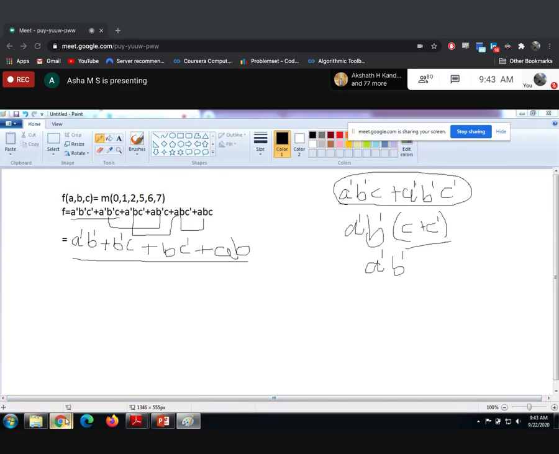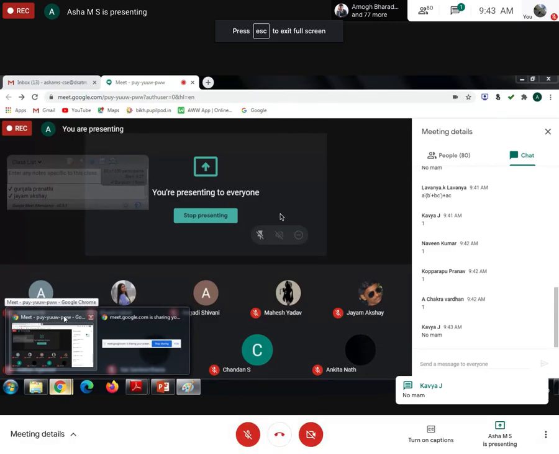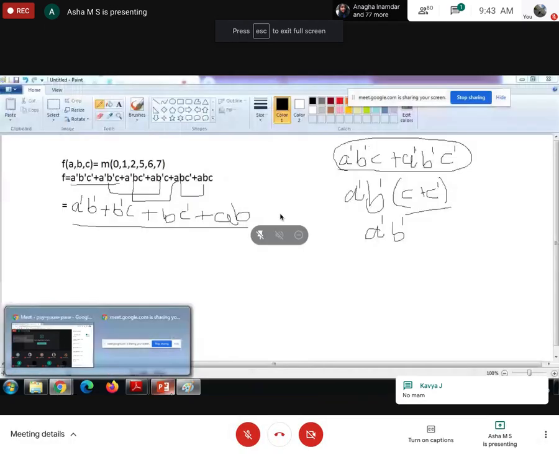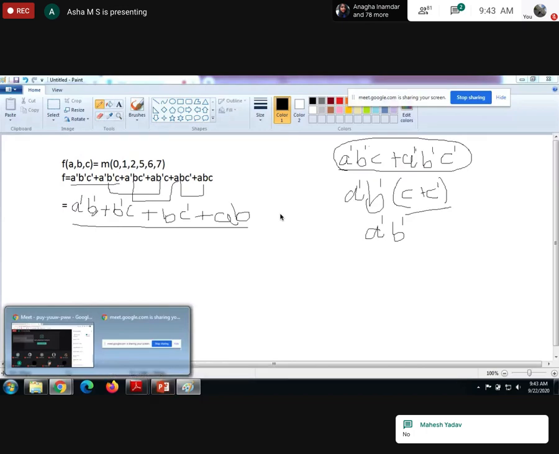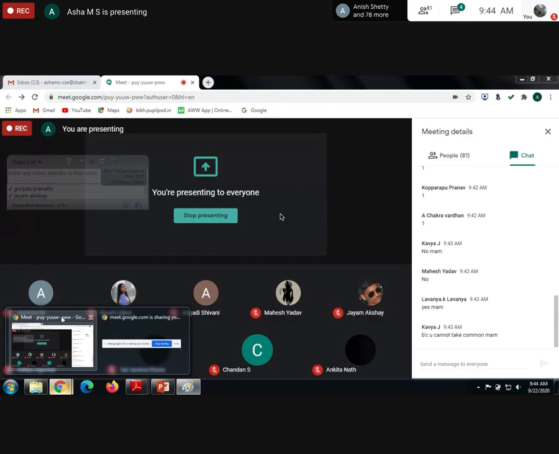Is it the minimized expression for the given function? Yes. Is it the minimum expression for the given function? No. Still can we minimize? Kavya, can we minimize still? Can you give me the answer? B bar c, you cannot take common, ma'am.